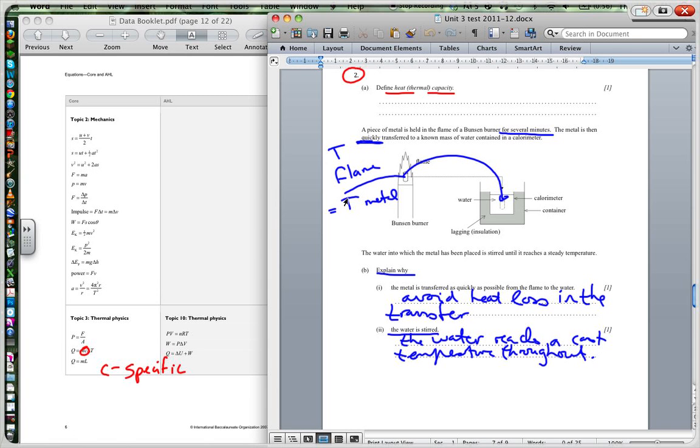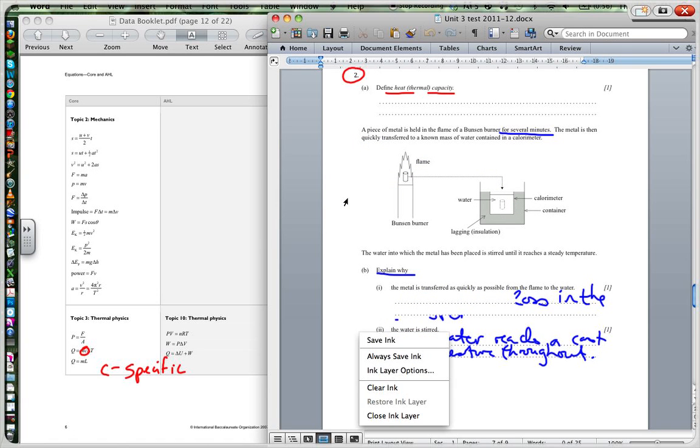We don't want just a pocket of hot water over there, and then we maybe are measuring the temperature over there. So we stir it so that the temperature that we're measuring is an actual measure of the temperature of the whole thing.